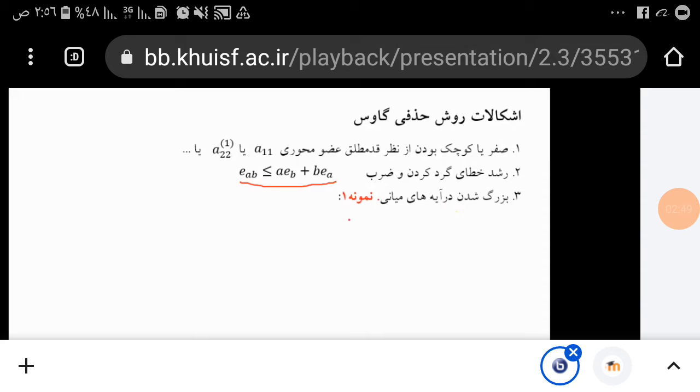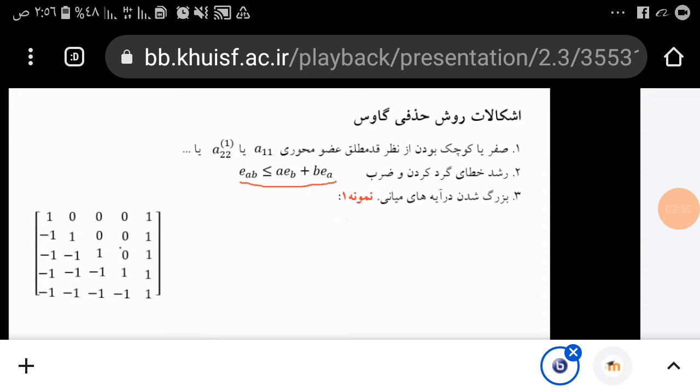For example, consider this matrix, 1 0 0 0 1 and so on. If we use Gauss elimination, we have to add these rows to these rows because I want this entry to be 0. So it will be 0 1 0 0 2.